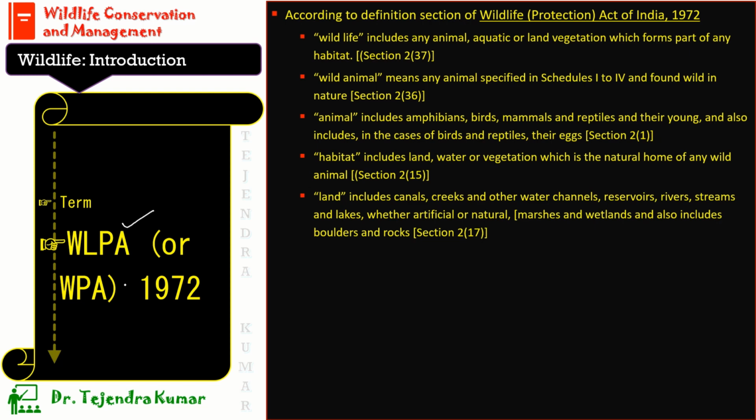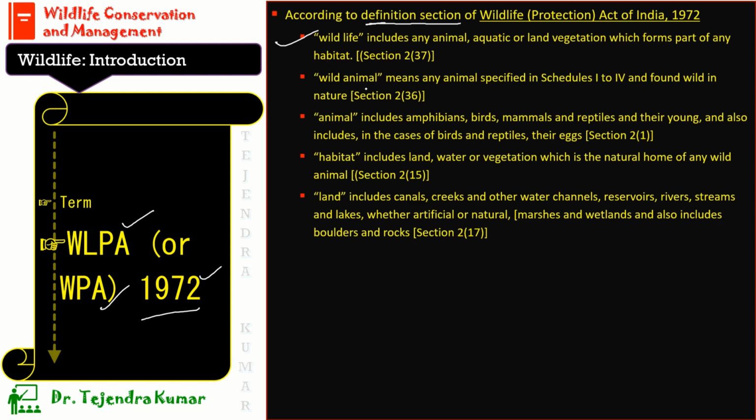What does the Wildlife Protection Act, or WLPA or WPA 1972, say? If you go through the Act, you will find that there is a definition section. Every act has its definition section, and generally it is the second section. I went through the definition section and found some terms which are described.